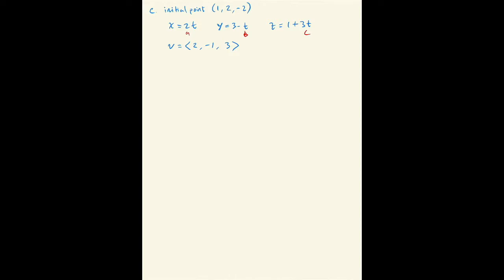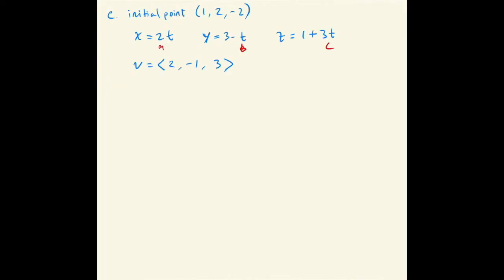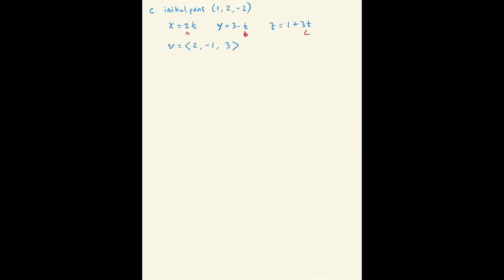And then you need another vector, and that vector includes the initial point. So you need to find another point and subtract the initial point from it. How to do that?